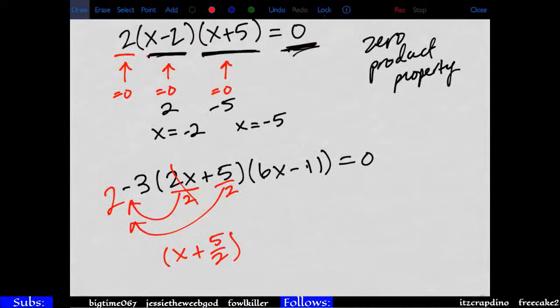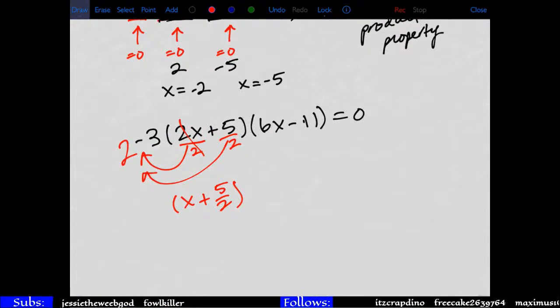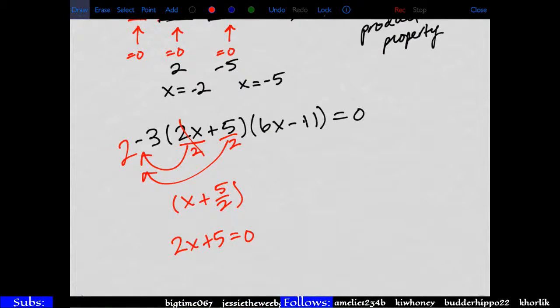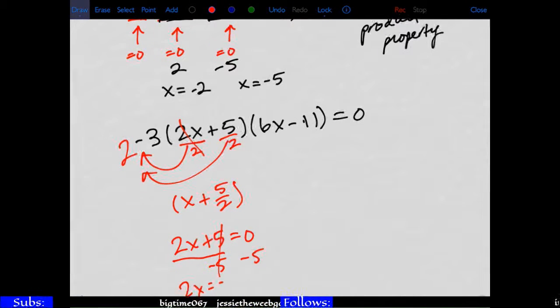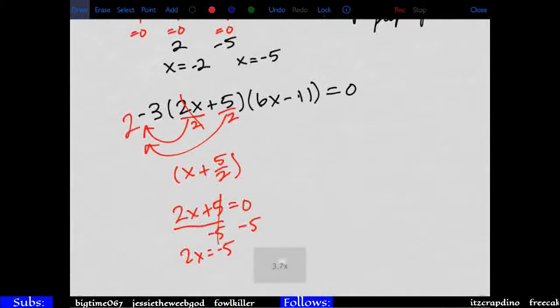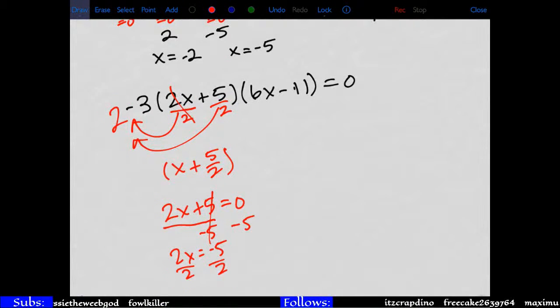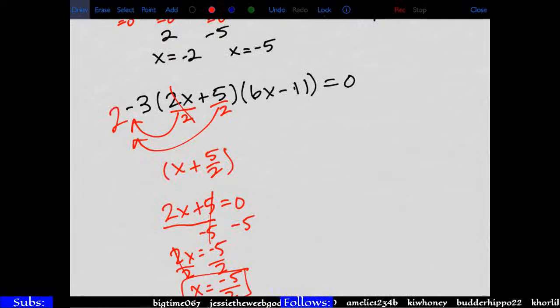The other option, if that's confusing, is to just take 2x plus 5 and set it equal to 0 and solve for x. That will tell you what x value is going to make this piece of the equation equal to 0. So you'd subtract the 5, 2x equals negative 5, and then you divide by 2. Either way, you would get x equals negative 5 over 2 for that one solution on the left.